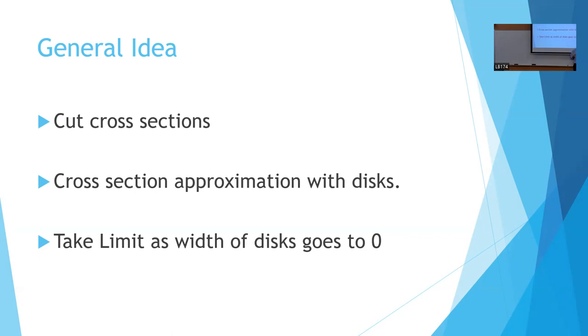And then I'm going to take the limit as the width of the disks goes to 0. That might not make a lot of sense right now, but I'll try to draw a picture of what is happening.